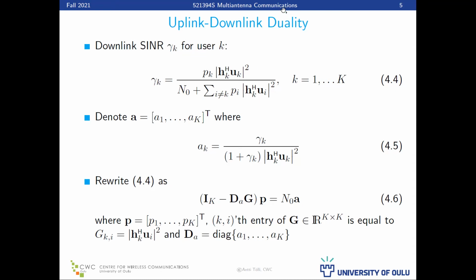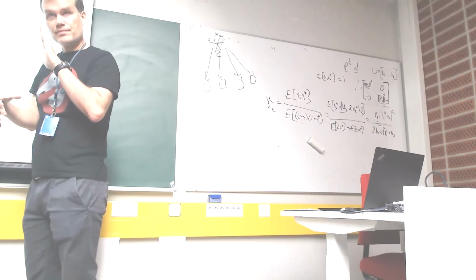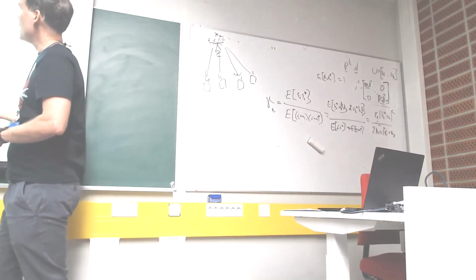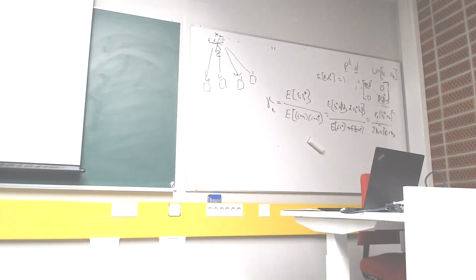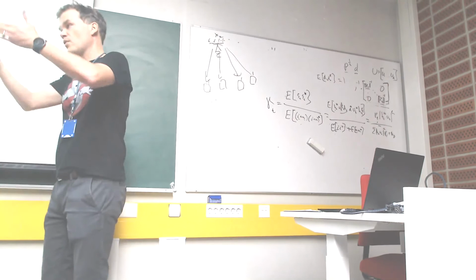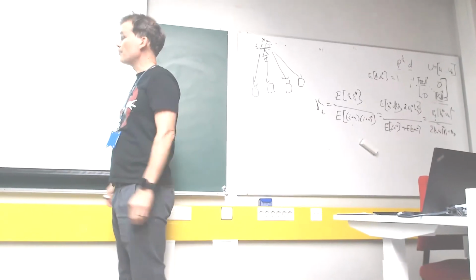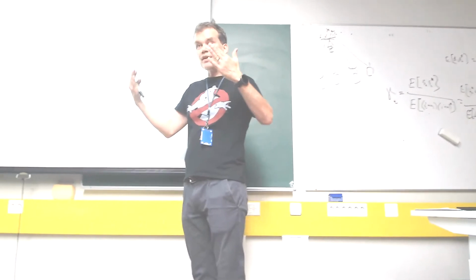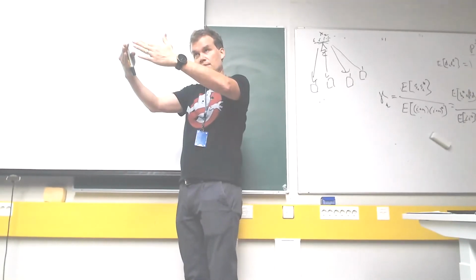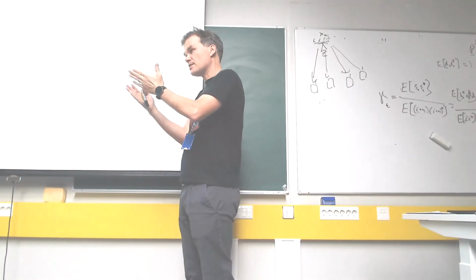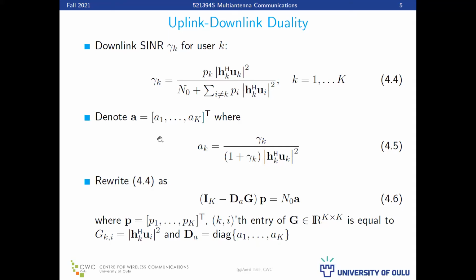In downlink, it's different than in uplink. In uplink, recall that these indices are reversed. In uplink, we have K users accessing the base station over different channels, and each user is received with a user-specific receive vector, u_k. So the uplink SINR would be the same as here, but with the indices reversed.